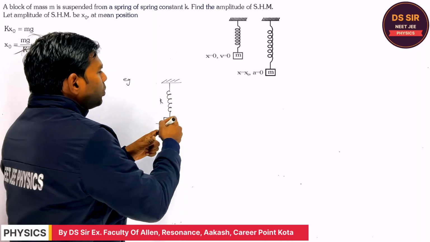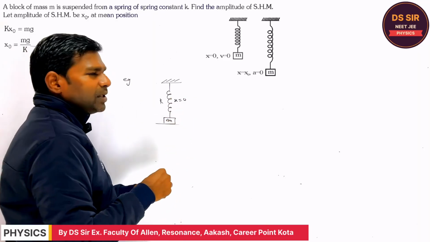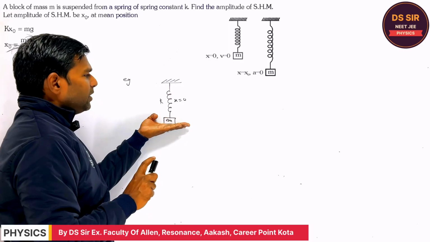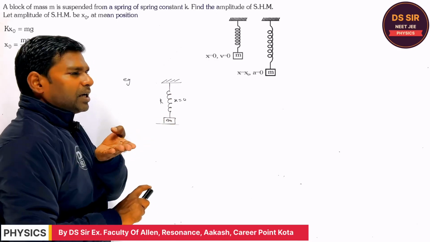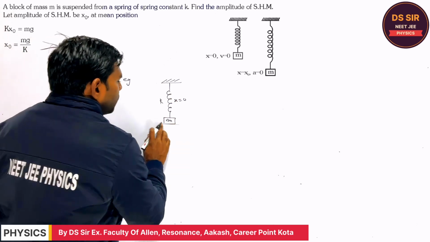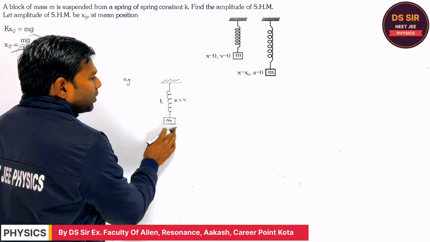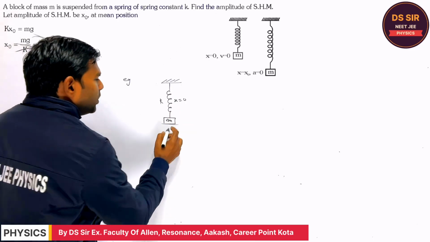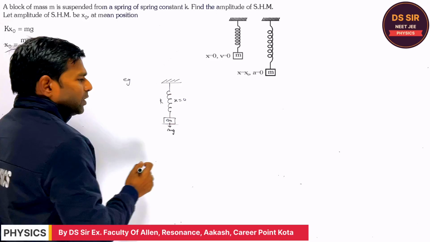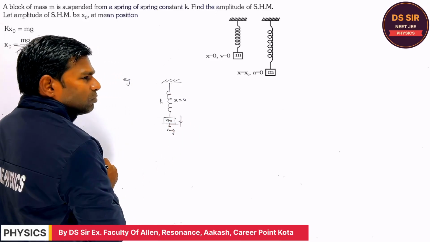Suppose there is no elongation or compression in the spring, that is, the spring is at natural length and this is my hand. If I remove this support immediately, tell me, what will happen if the support is removed? Because of mg it will continue to move. What is the acceleration right now?